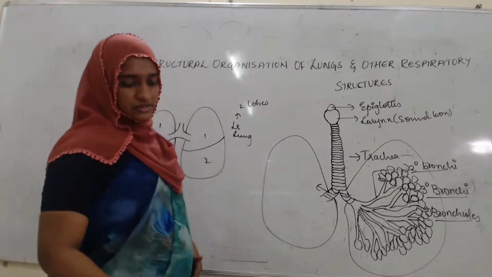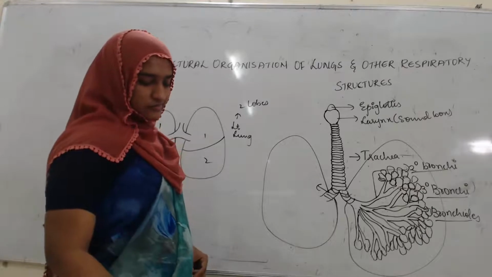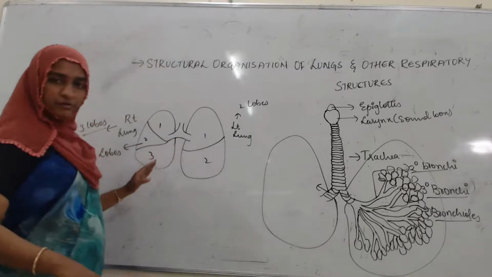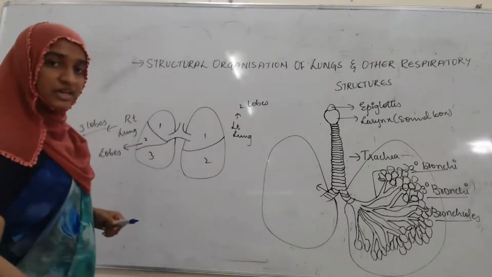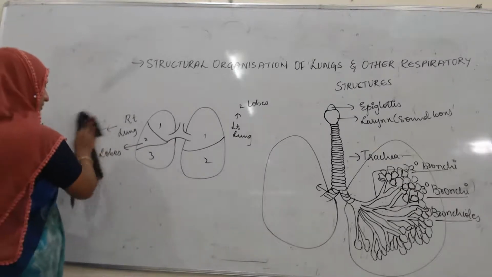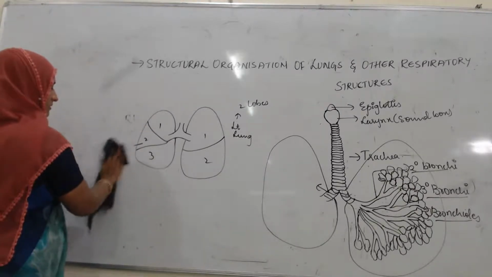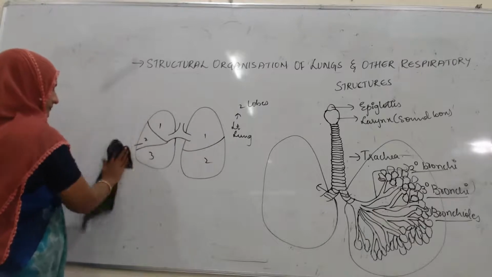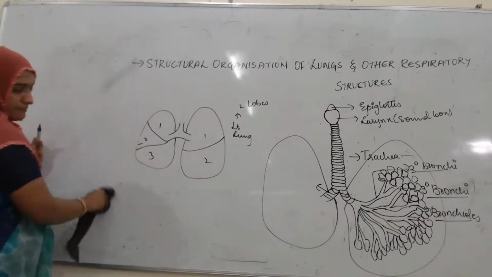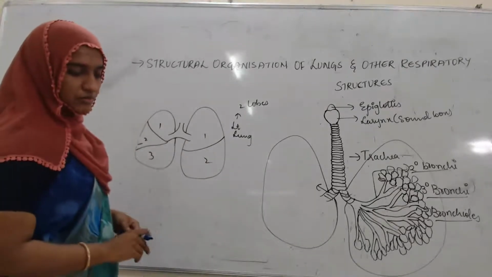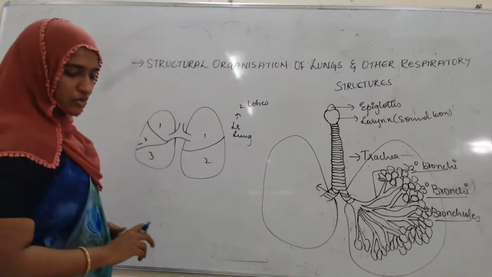The next point here: these particular lobes have been given certain names. What are those names? They are the superior, middle and inferior lobe.